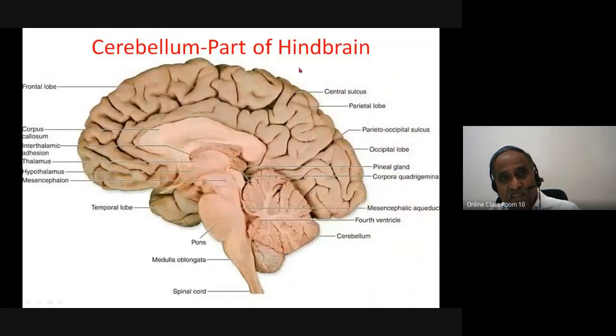Now come back here. This is the true picture showing the cerebellum. You can see that this entire thing is the cerebellum, and this is the fourth ventricle, and this is the pons here. This is the medulla oblongata.